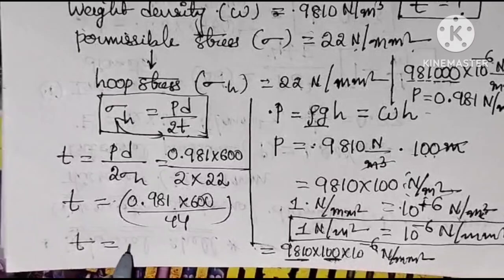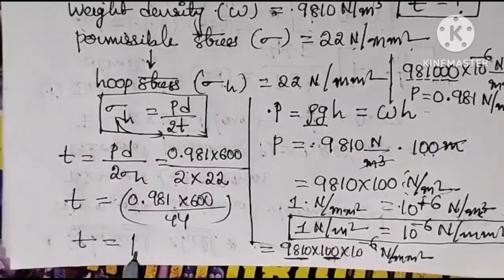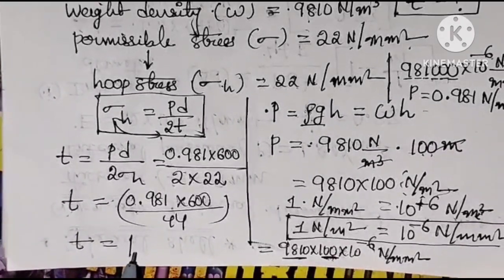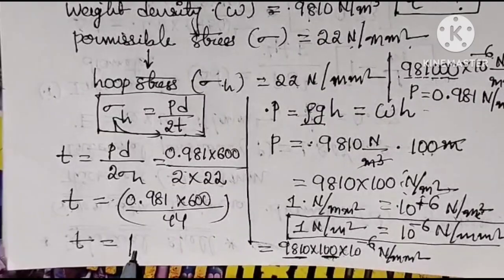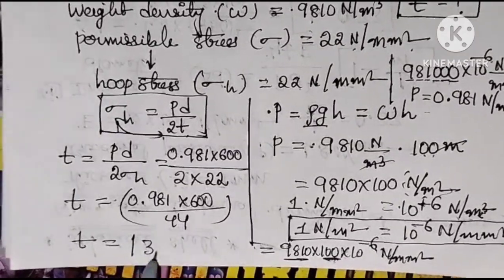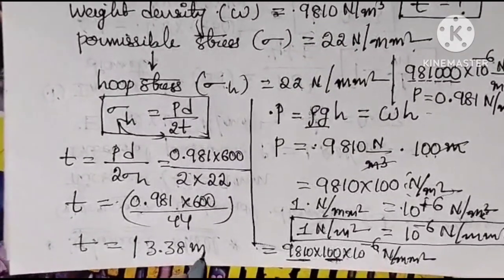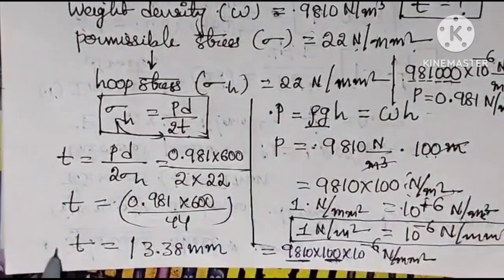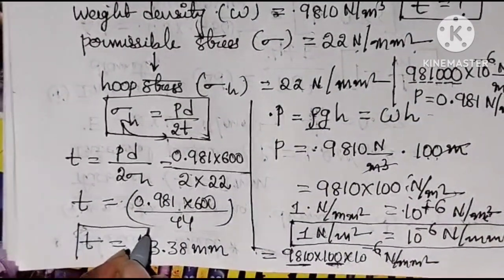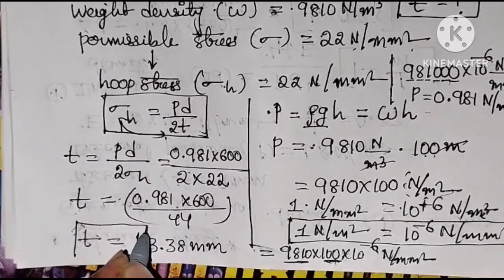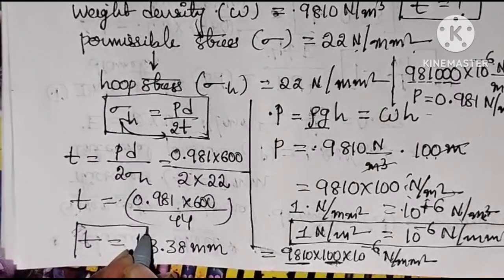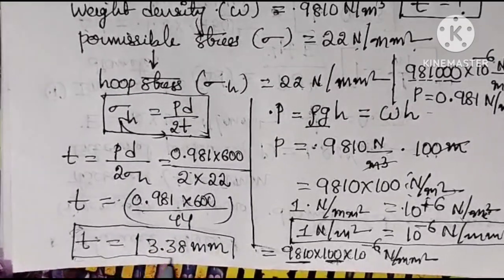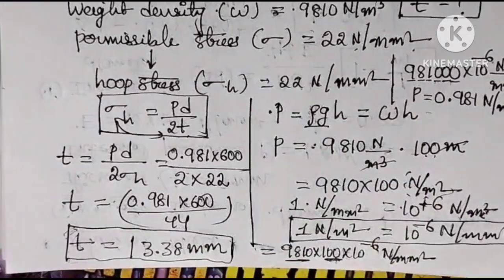If you calculate, you will get its value around 13.38 mm. Therefore the minimum thickness of metal required is T equal to 13.38 millimeters.